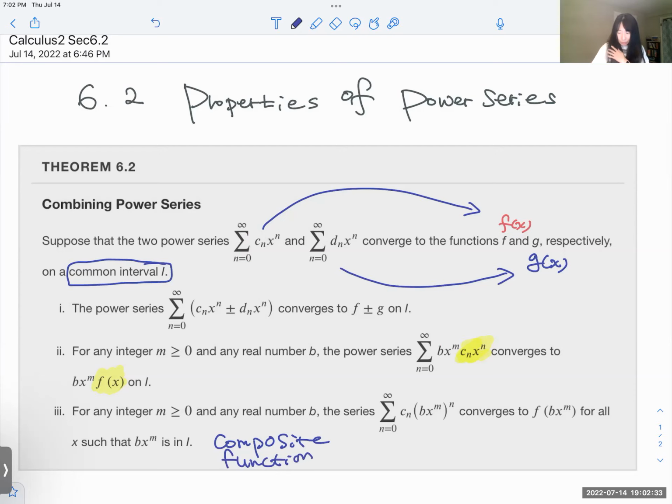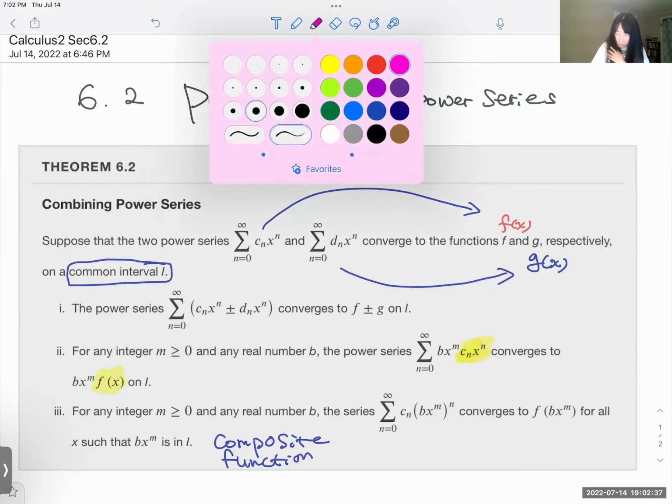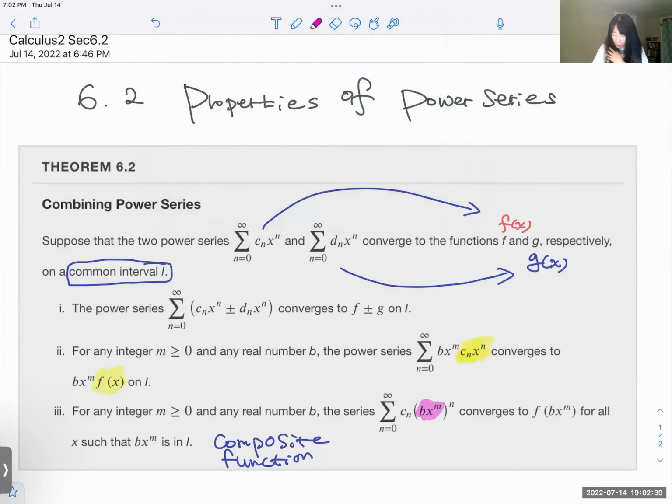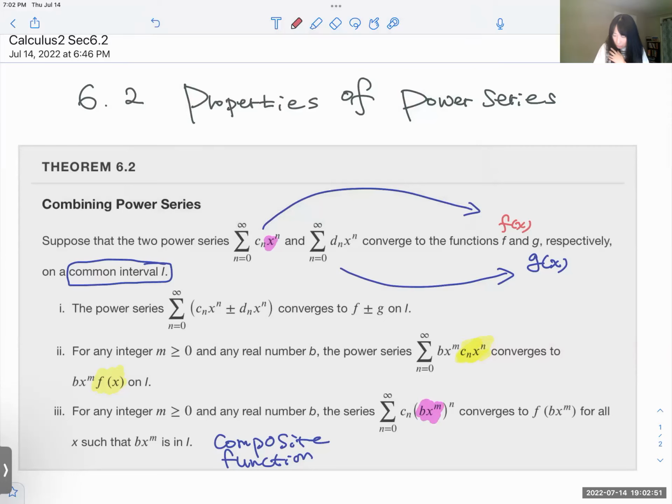So look, b x to the m power. This one acts like x to the m power. Can you see that? Right.